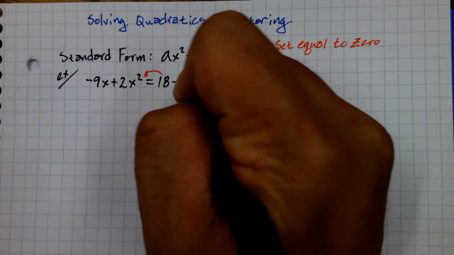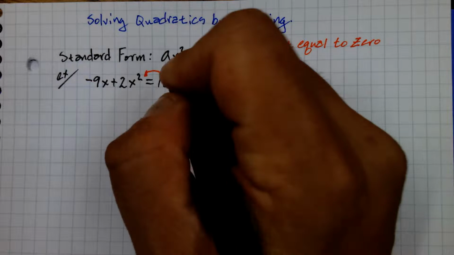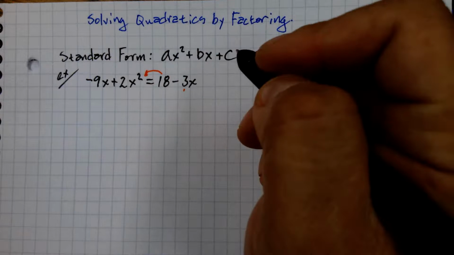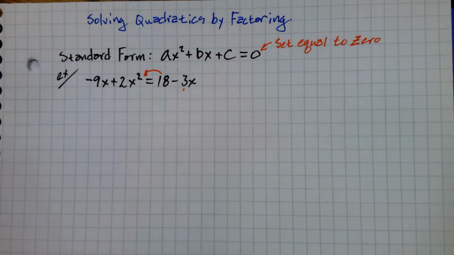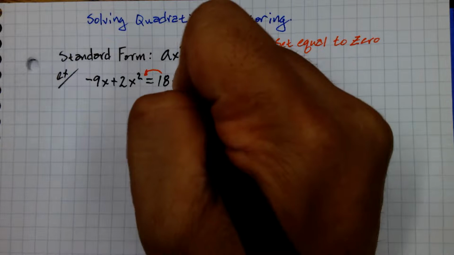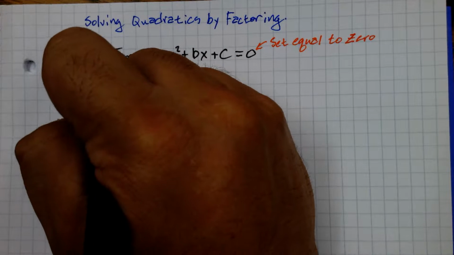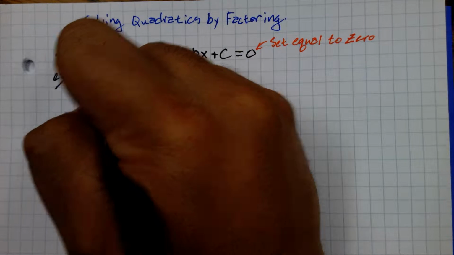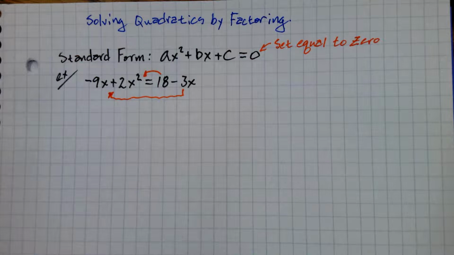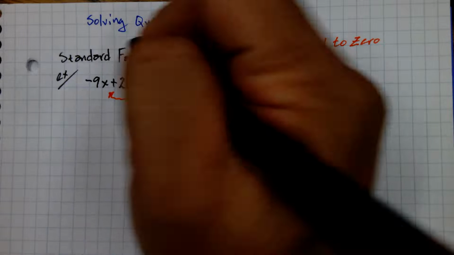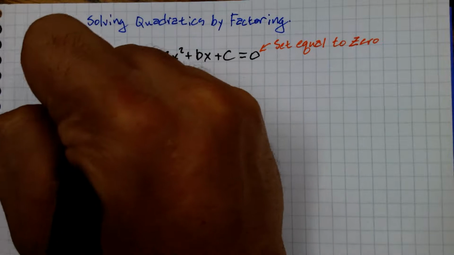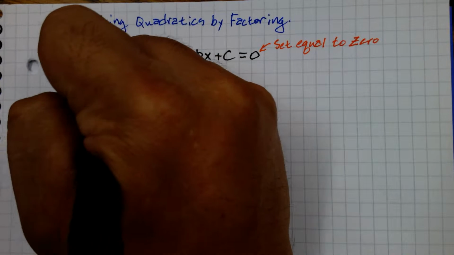Same thing here. We're going to bring over the 3x. But if there's a like term that I can bring it with, I'm going to do that. So it's going to go here, right, with the minus 9x.